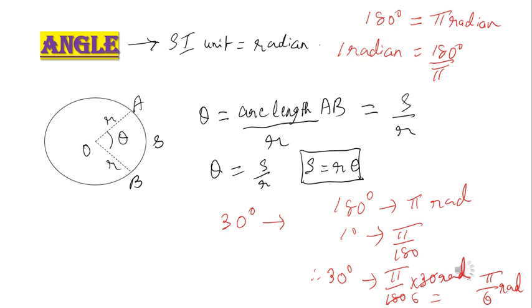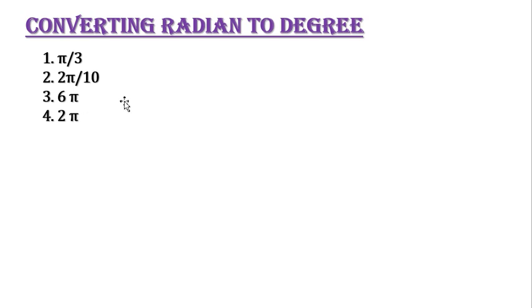Okay. Now let's go to some questions from this part which we will solve. See, now the question says converting radian to degree. Radian to degree means, basically we did in the previous slide from degree to radian. Now they are asking us to convert radian to degree. Now what are they giving us? Pi by 3. Now see, for pi by 3, we will approach in the same way.